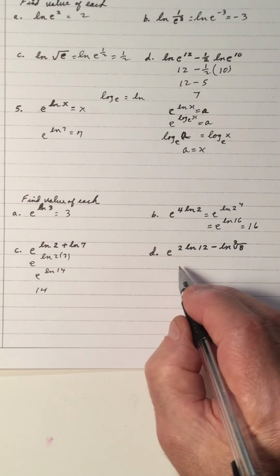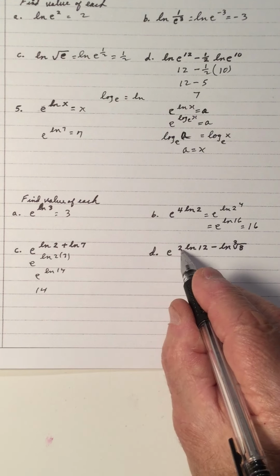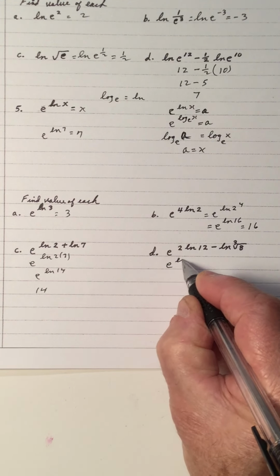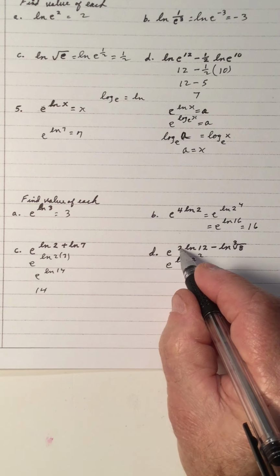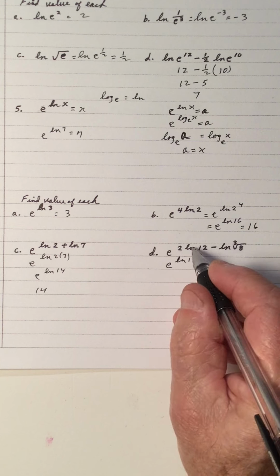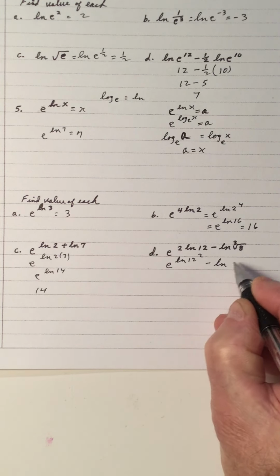And we have another one to do, so that's ln of 12 squared. The number in front of the ln, power rule, we've got to do the power rule first. And that's the ln of 144.